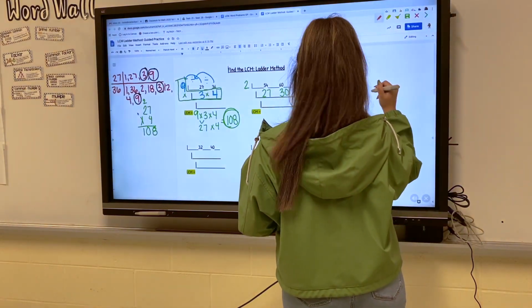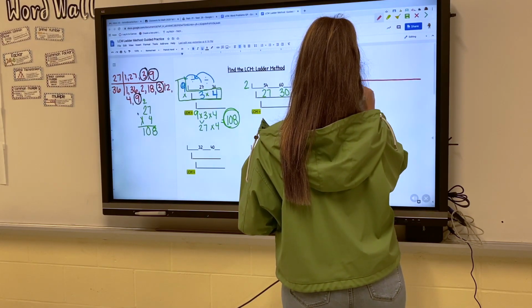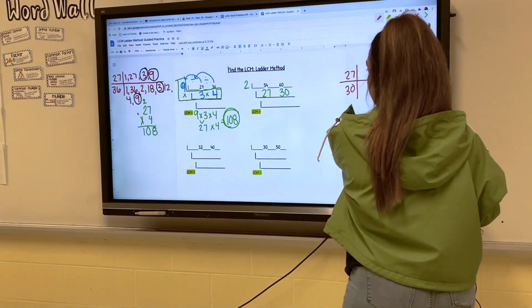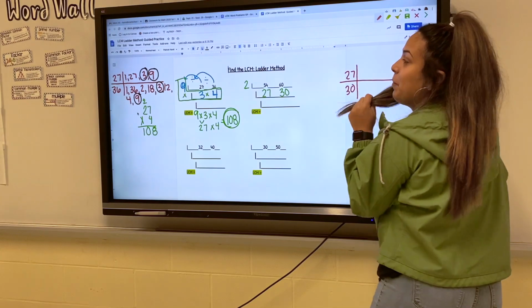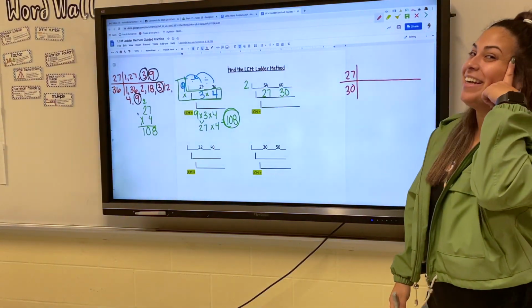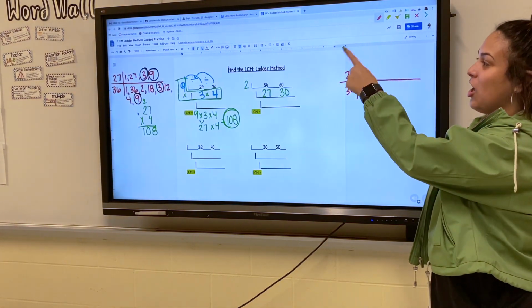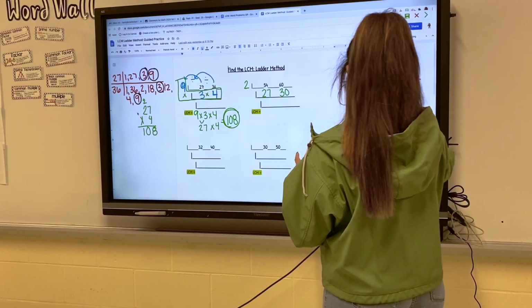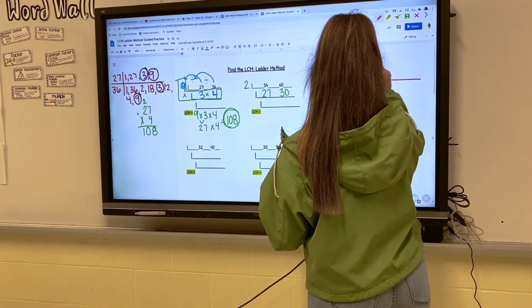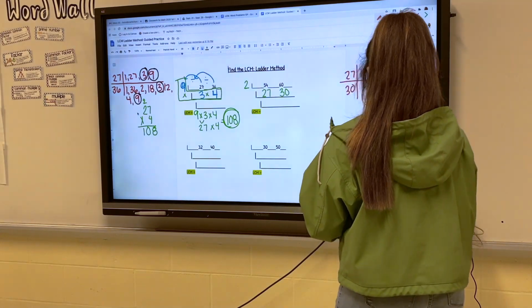So I'm going to do 27 and 30 and list all of the factors. Luckily for me, I did 27 on that side, so I'm going to work smarter, not harder, and just use the same facts on that table. So 27 has 1 and 27, 3 and 9.